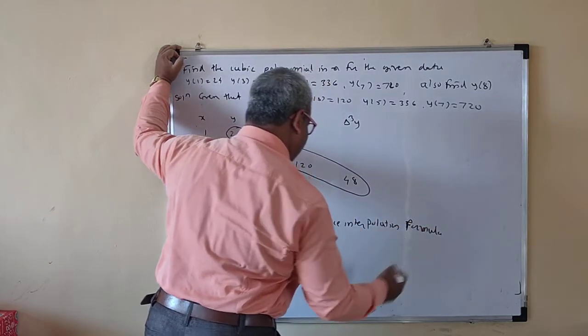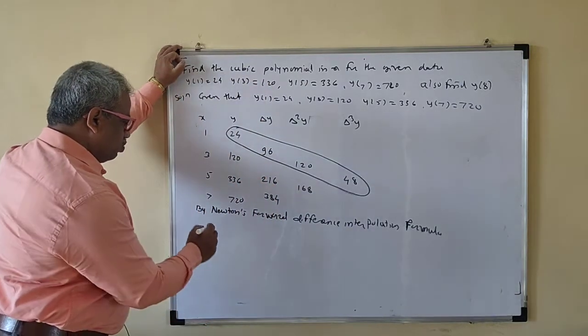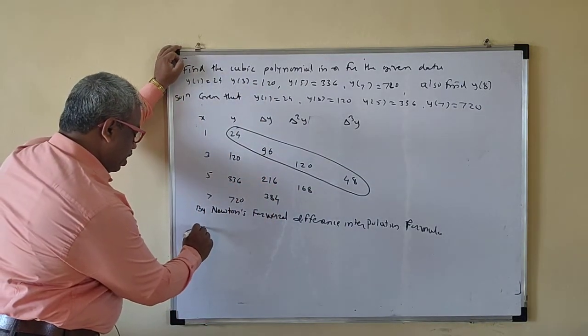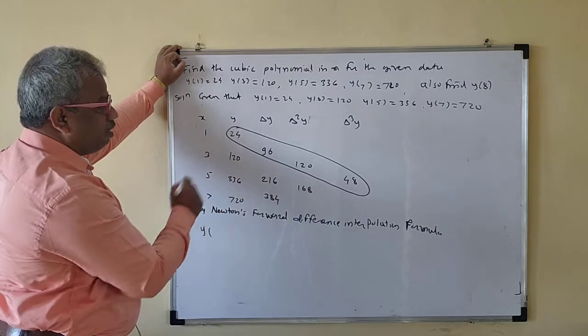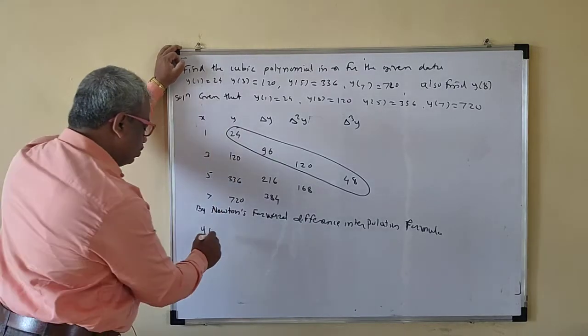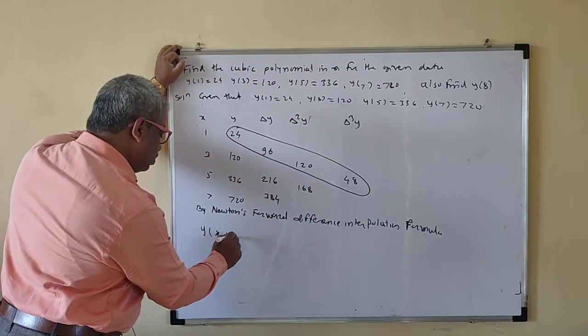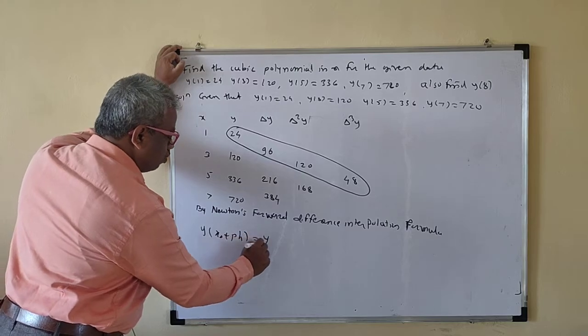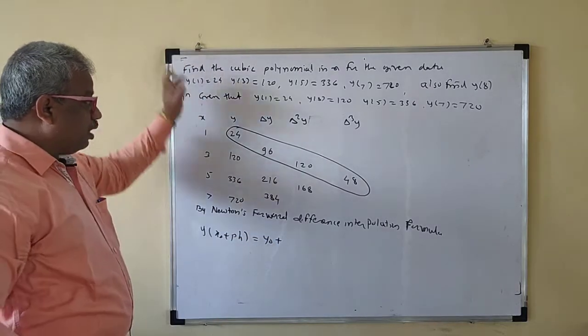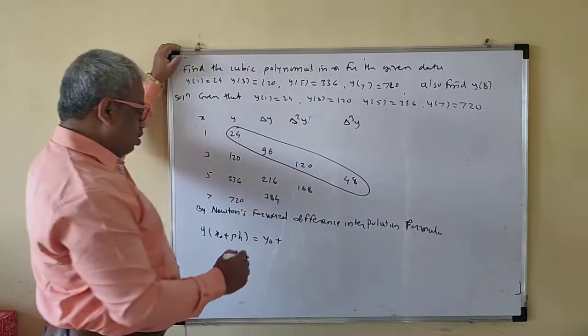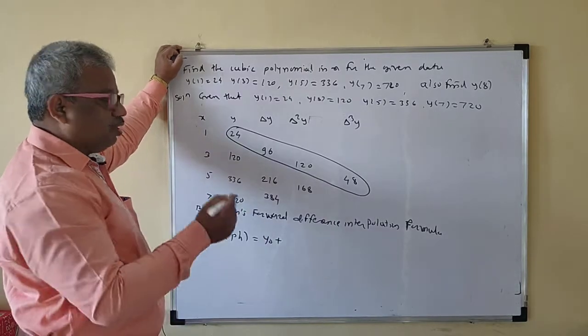Interpolation formula. You may write capital or it doesn't matter. Because we have been given y of something, I'll write y of x naught plus ph is equal to y naught. We have to write the values up to cube only. So we have to write this formula up to del cube only.